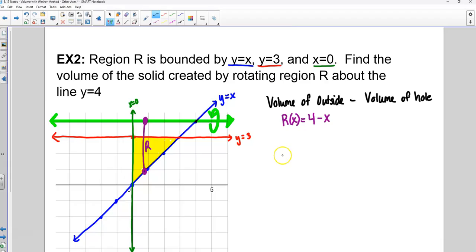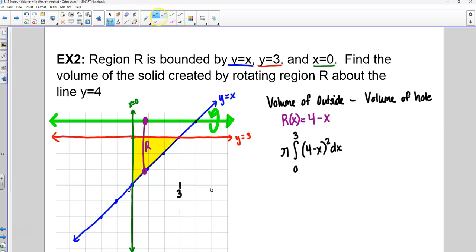And so we can just set that up. Pi integral of 4 minus x squared dx. What are limits on this one? Not 4. 3. 0 to 3. So we're looking at the x-axis here. Go 3 there.